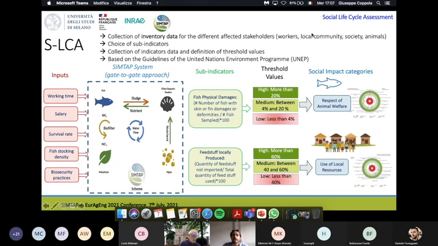This evaluation will be performed by comparing data relative to the SIMTAP system's activity and some previously defined threshold values, which can also be defined as reference values.